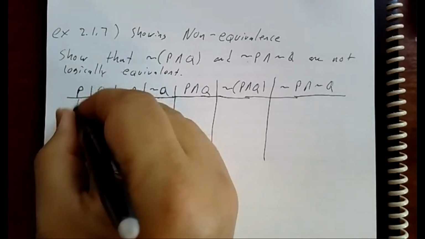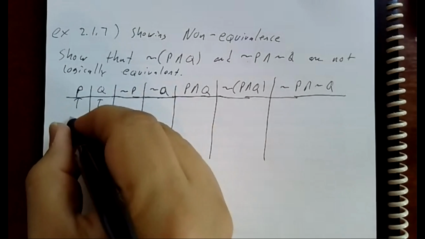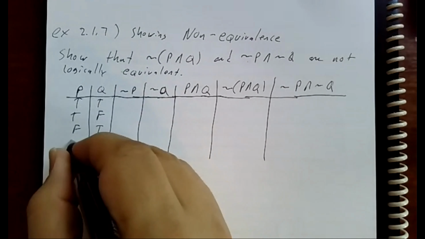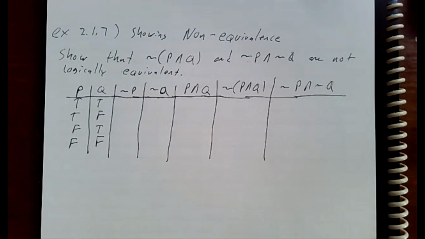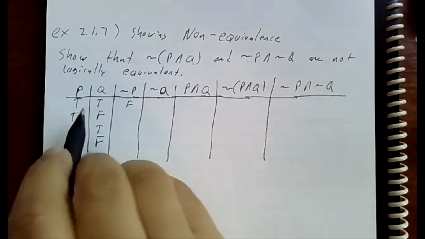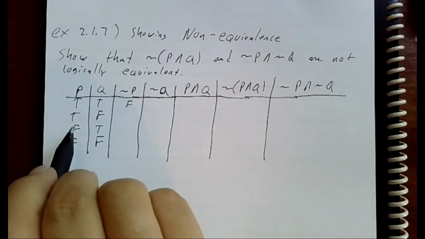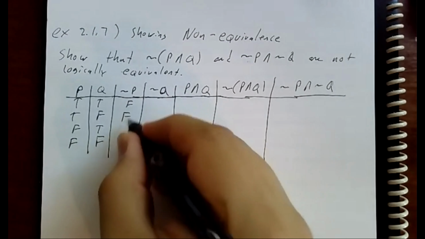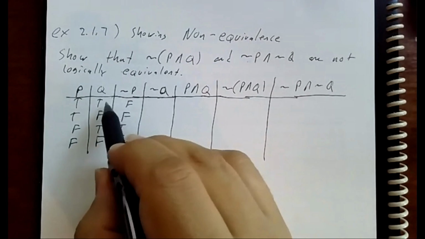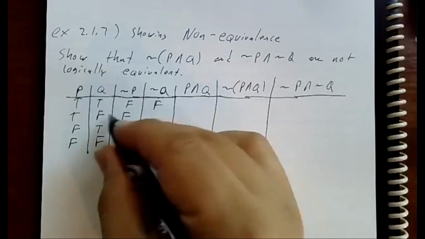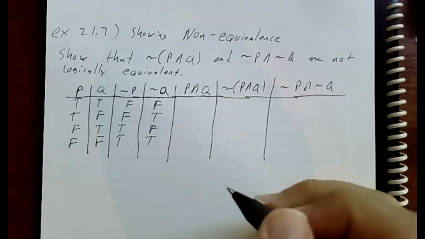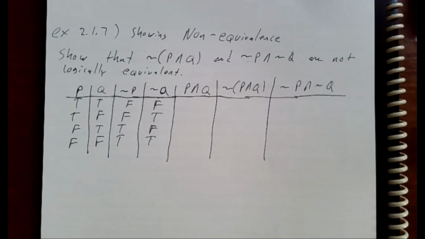So true, true, let's do all the possibilities here. True, false, false, true, and false, false. Okay, so opposite of P, so not P would be false. Comparing it to this guy, not P would be again false for that one. Now for Q, not false, not true, not false, not true, and not false. All right, you guys still with me?